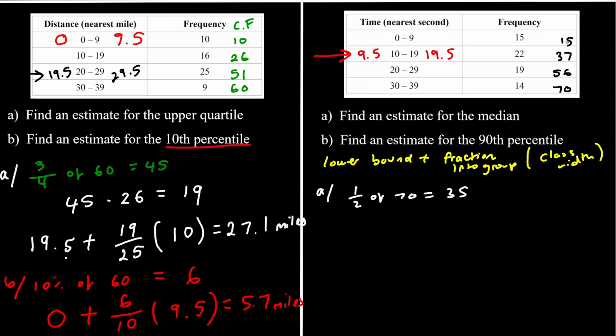And how far in? So there are 22 people in the group. We were at 15 when we started the group. We want to get to 35. 35 take away 15 is 20. So we want to go 20 people into the group out of 22 in total. So it's our lower bound, 9.5, plus our fraction, which is 20 out of 22, times our class width, which is 10.